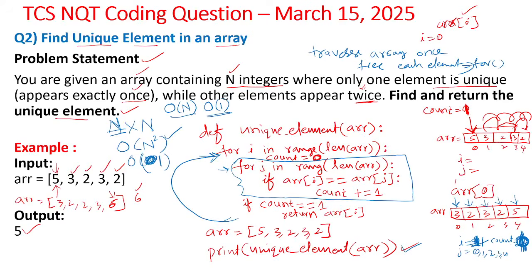Another approach for this is, instead of checking for each element, you can run the loop one time. This is your array 5 3 2 3 2. You run the loop one time and count the frequency of each element and store it in a dictionary.